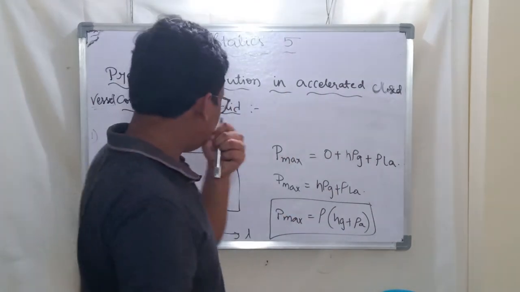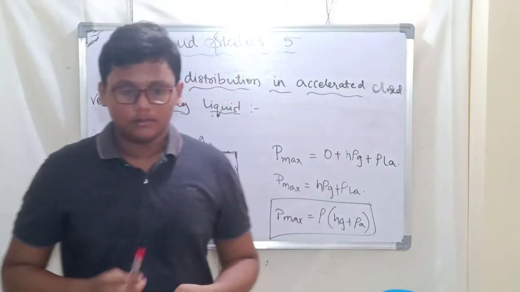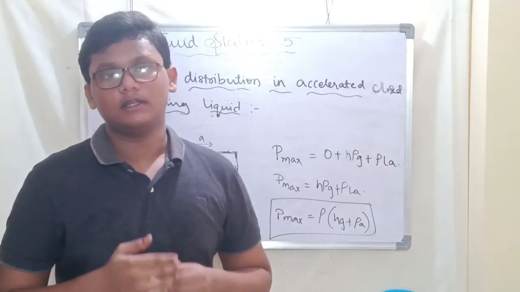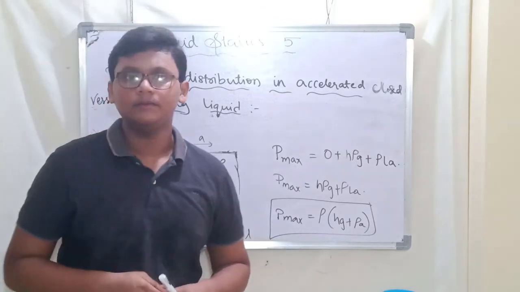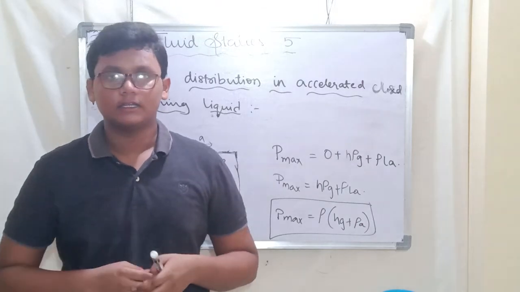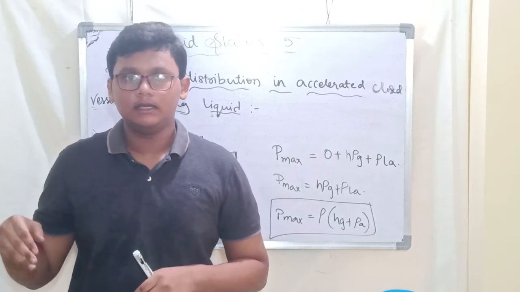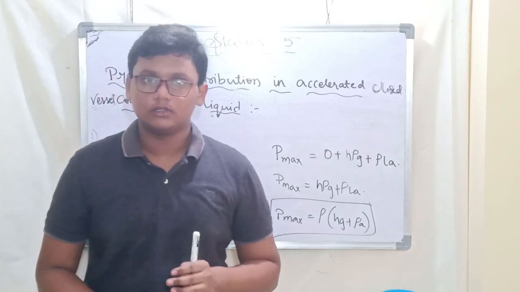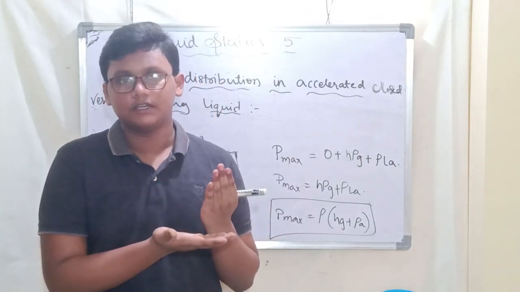This is the pressure distribution in a closed vessel, and let me recall what I explained today. The first one is the hydraulic lift, a machine to lift huge bodies, containing liquid. If force F1 is applied at one end with cross-sectional area A1, the pressure is transmitted equally in all directions, as I explained in Pascal's law, and it pushes upwards with a force F2.